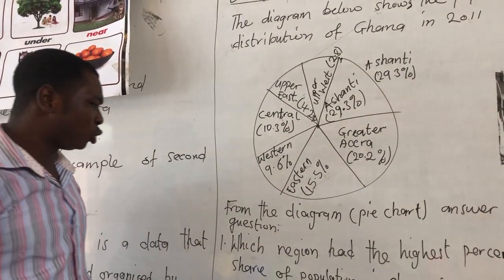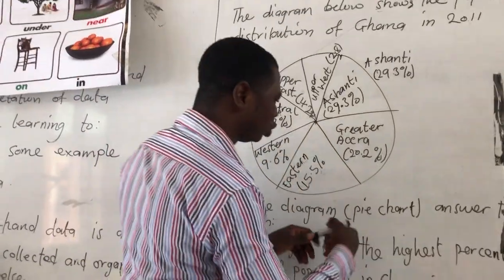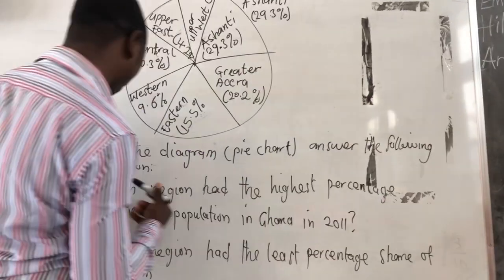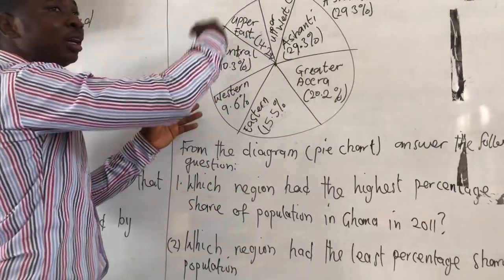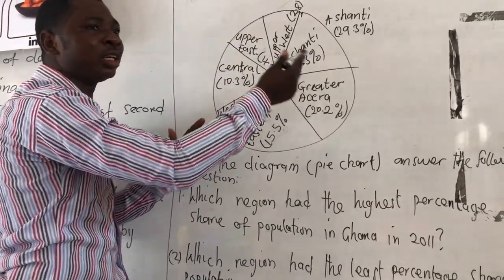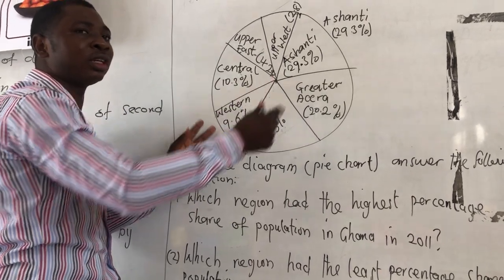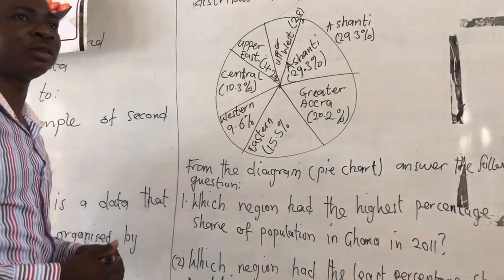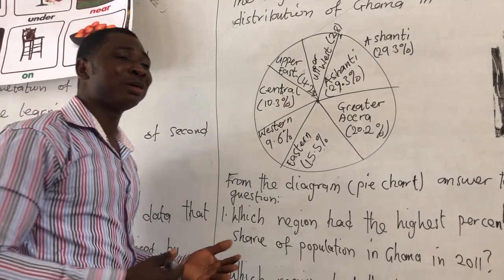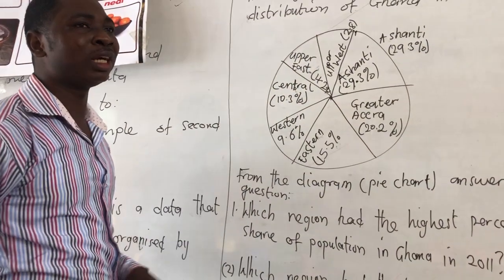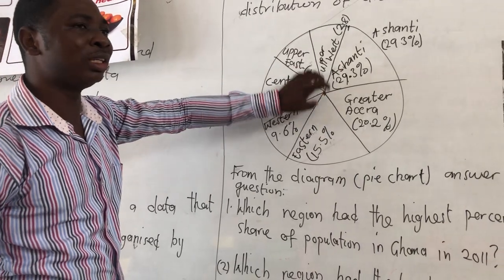This can be a pie chart because it's a circle divided into sectors, as we have bar graph, block graph, and stem and leaf plot.